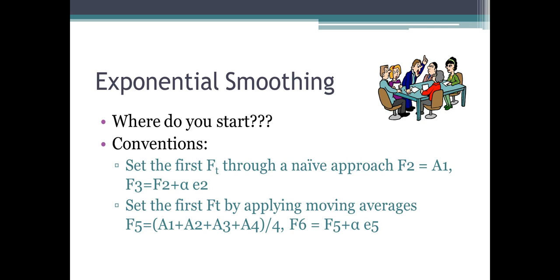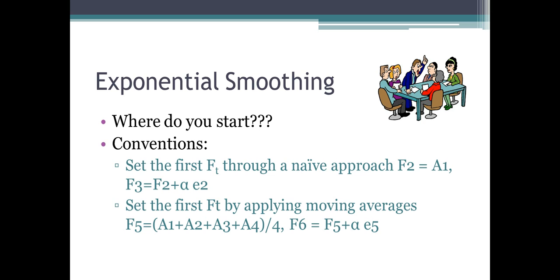The second convention is to use a moving average. The example I have here for you is to start with a 4-period moving average. So I will take the average of the first 4 periods and let that be my 5th forecast, calculate my 5th error, use those to come up with my 6th forecast, and so on.